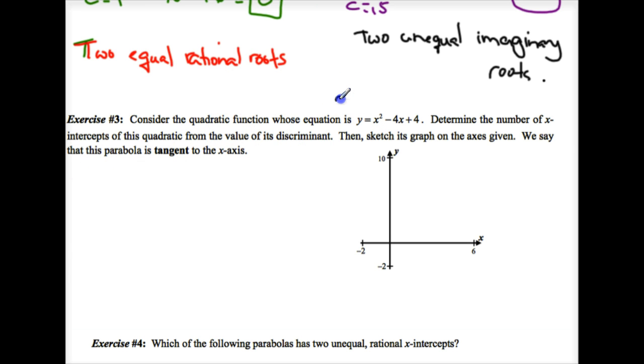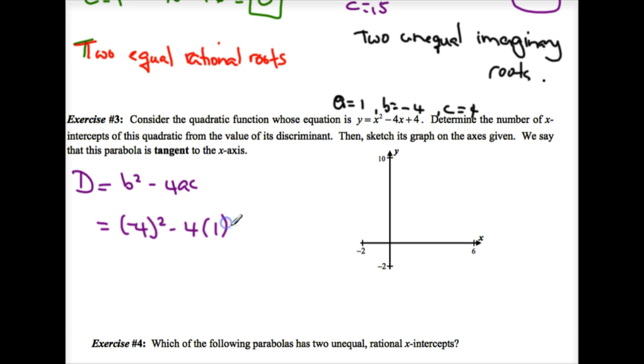From this, my A is 1, B is negative 4, and C is positive 4. So let's find our discriminant. Discriminant is equal to b squared minus 4ac. My b is negative 4 squared minus 4 times 1 times 4. This becomes 16 minus 16, which is 0.